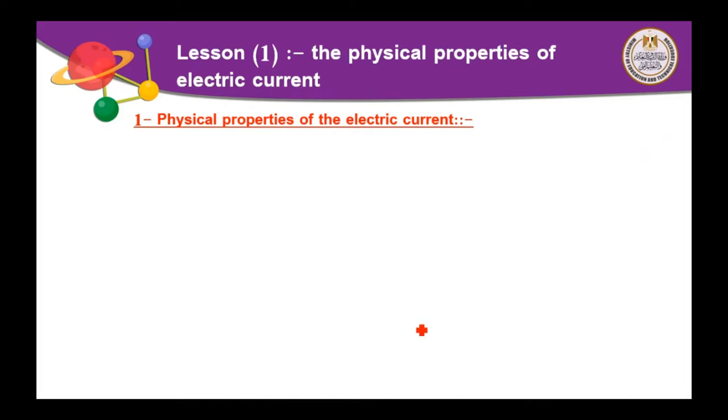Physical properties mean the outer properties of the thing, while chemical properties are the properties that come from the thing when we deal with it, meaning the chemical reaction. But now we will talk about physical properties.